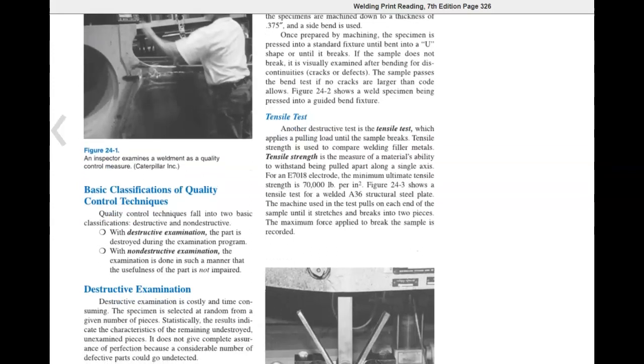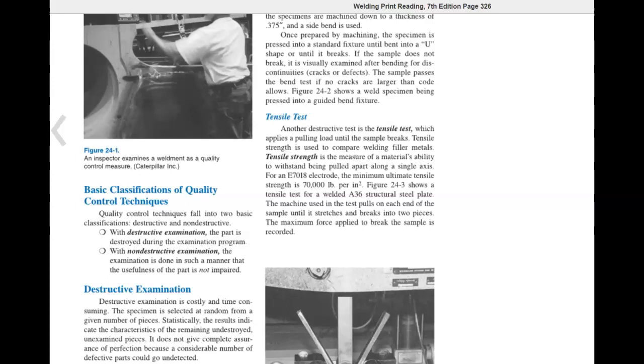Tensile test. Another destructive test is the tensile test, which applies a pulling load until the sample breaks. Tensile strength is used to compare welding filler metals. Tensile strength is the measurement of the material's ability to withstand being pulled apart along a single axis.